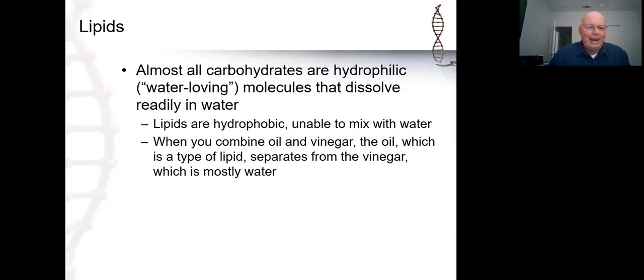We want them to be hydrophobic, insoluble in water, because of the role that they play. So when you start thinking in terms of fats, you think of things like butter, margarine, olive oil, canola oil, cooking oils in general. You might think of Crisco. These are all examples of lipids or fats.